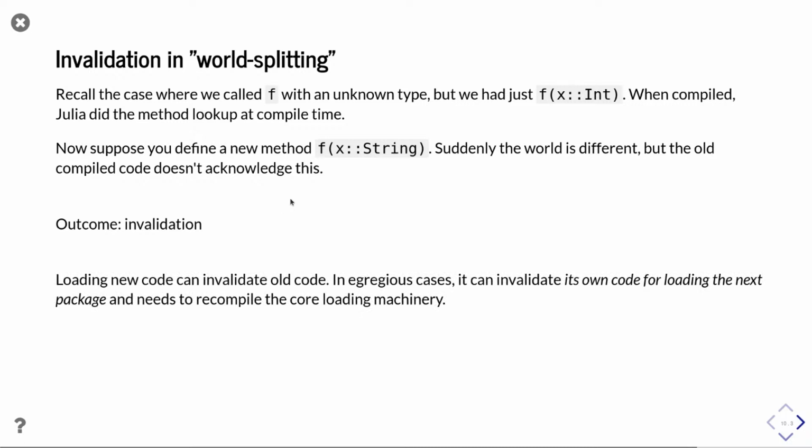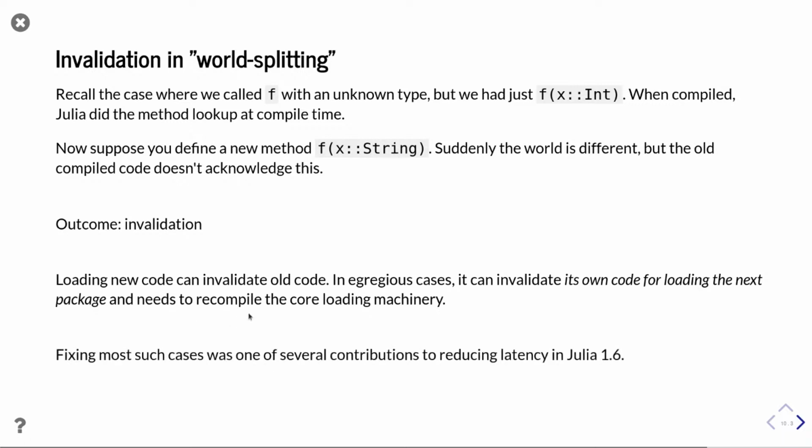And just because it does strongly influence latency, which is one of our main topics, I'll mention that this has historically been one of the reasons for latency in a lot of Julia code. In the most egregious cases, you can actually invalidate the code that Julia uses for loading the next package, and that ends up needing quite a lot of recompilation before you can even start loading the next package.